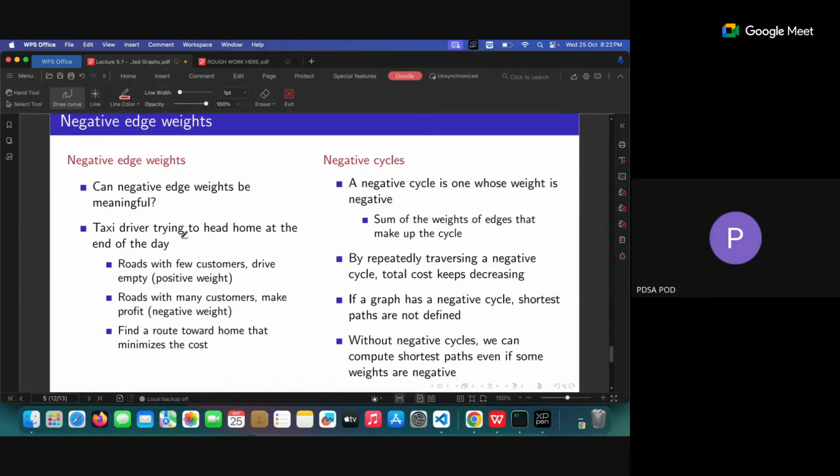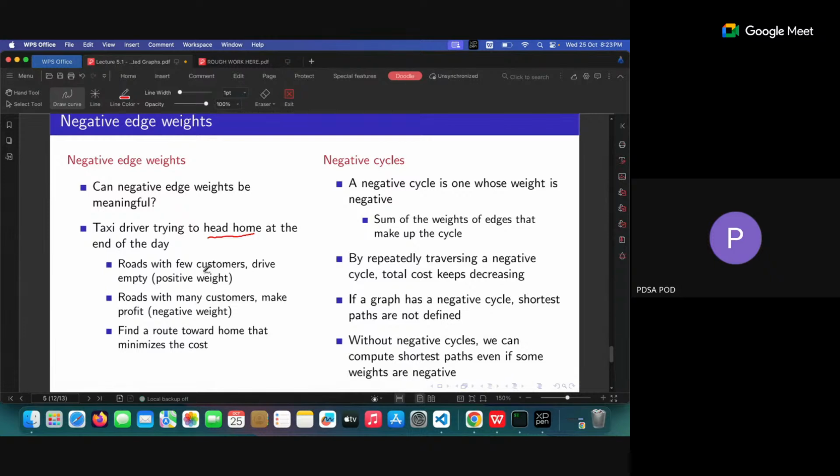Like, there is a taxi driver whose daily routine is finished. He completed all his calls, traveling to different customers. At the end of the day, he's traveling towards home. His car is going to be empty, but it definitely consumes fuel.